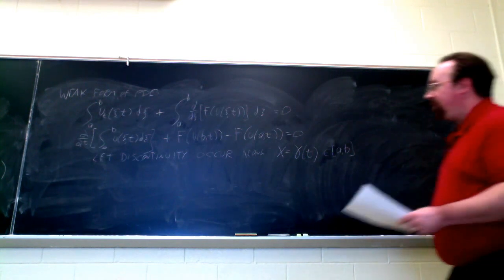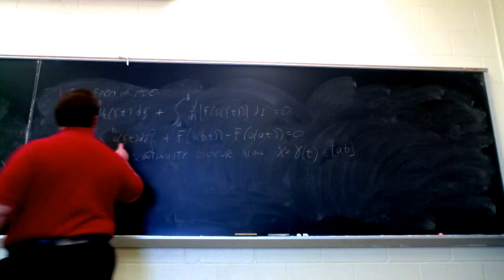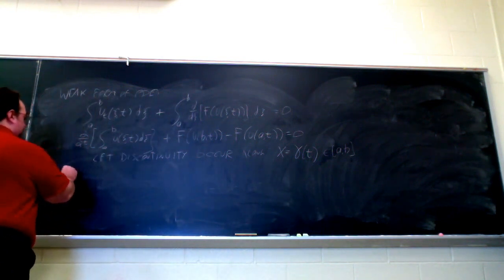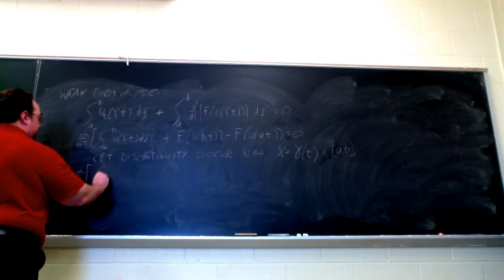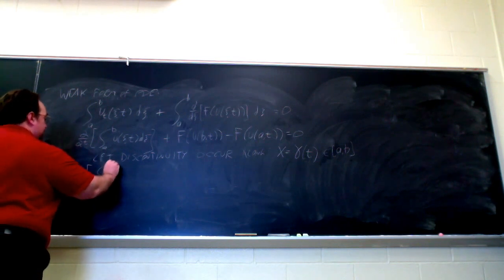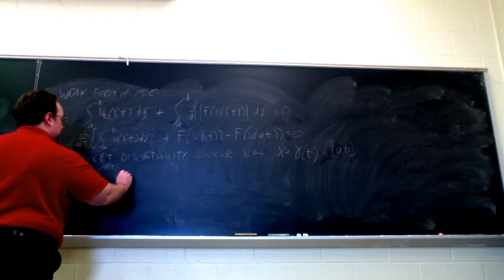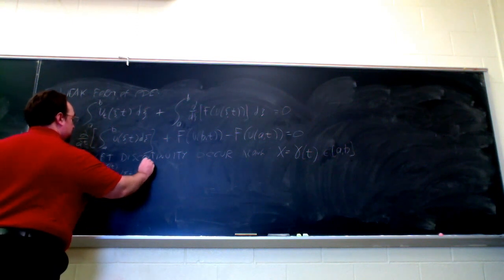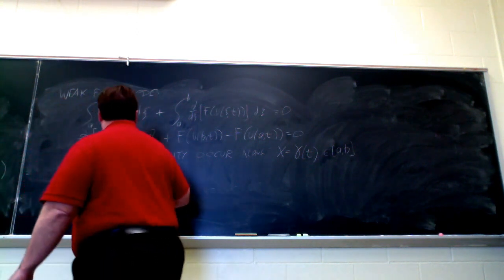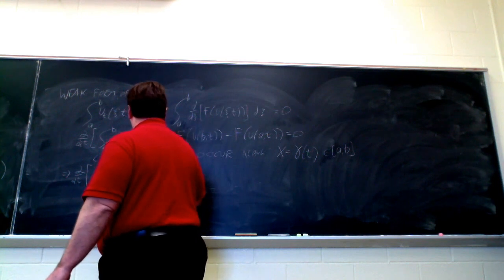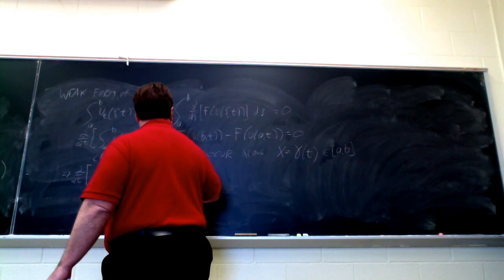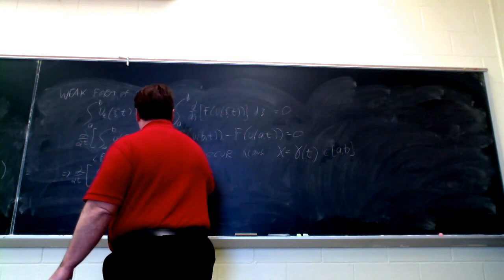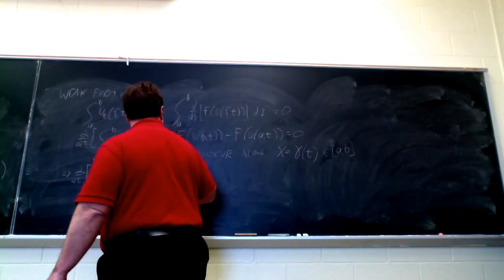So what I'm going to do is break up this integral into two. So I have the integral from a to gamma of t, and then the integral from gamma of t to b. Oh, that's not dt, it's dc. D squiggly.